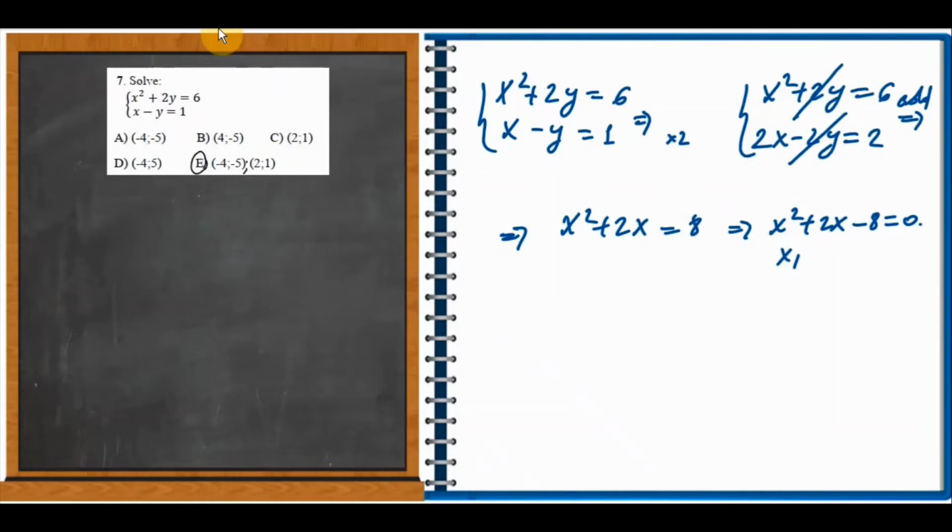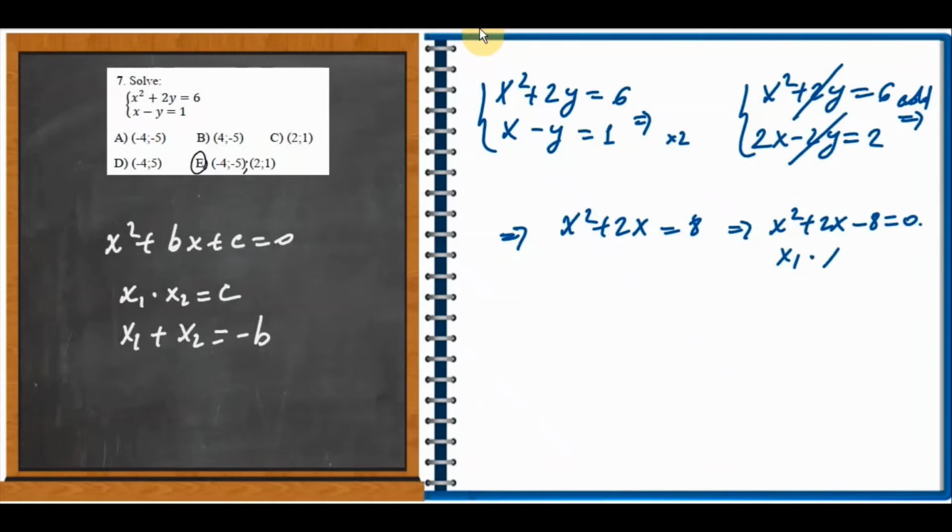Let's remind ourselves of Vieta's rule here. x squared plus bx plus c is equal to 0. We say the product of roots, x1 times x2, is equal to the third coefficient, and the sum of roots is equal to the negative of the second coefficient. So here x1 multiplied by x2 is negative 8, and x1 plus x2 is negative 2.